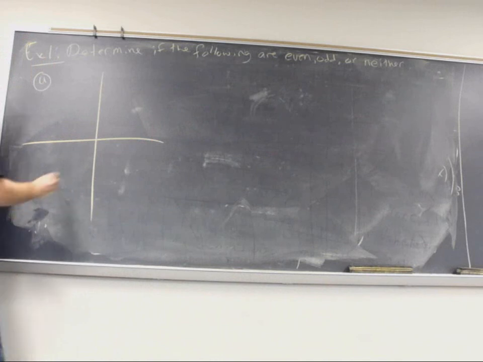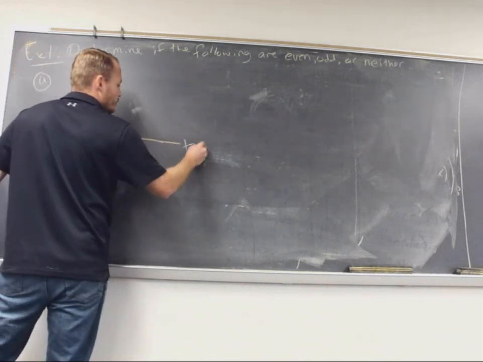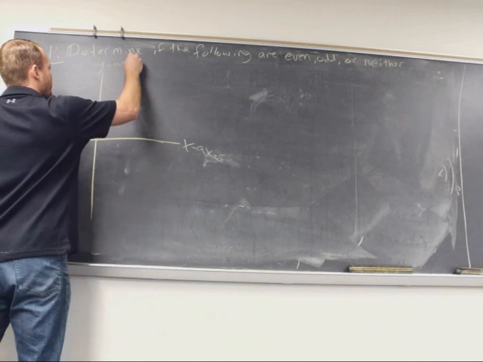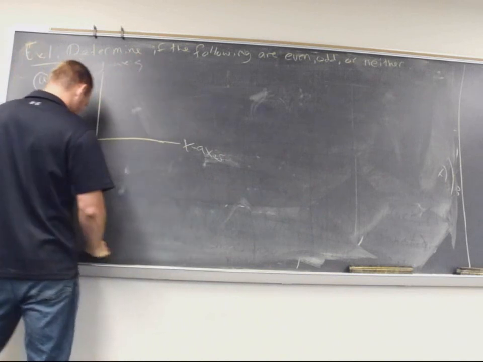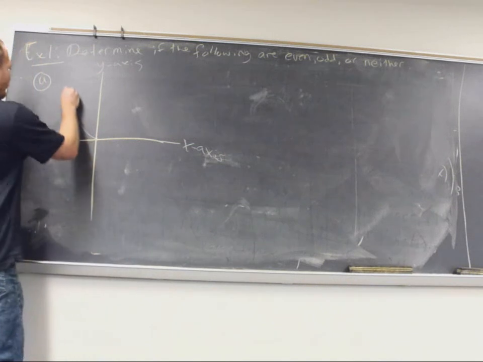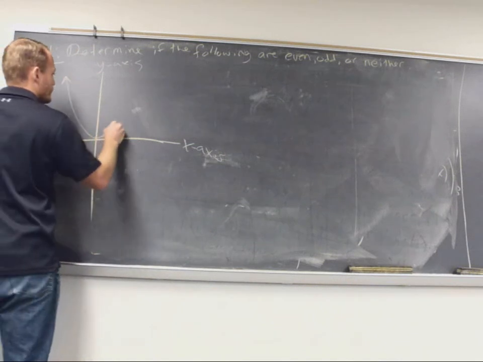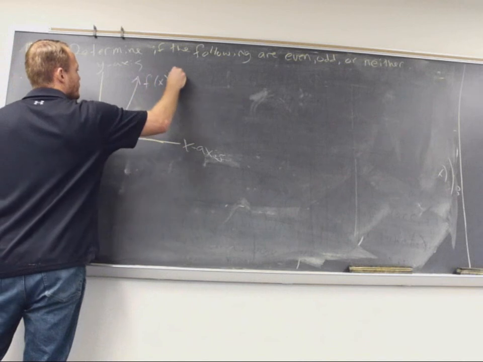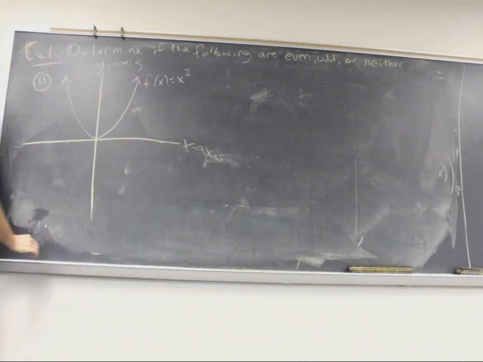I think this will help us see part of this. X-axis, y-axis. And in my graph, we're going to have something like this. And this is the f of x equals x squared function. What we want to determine is if this graph is even, odd, or neither.